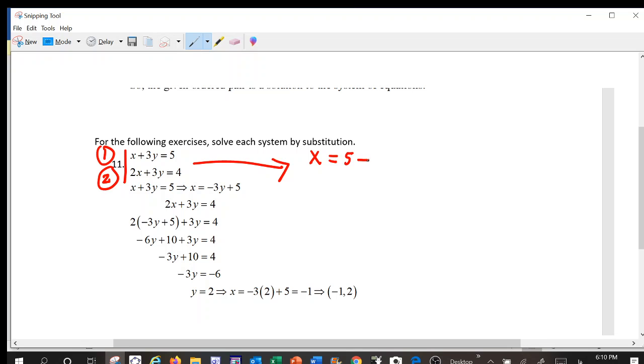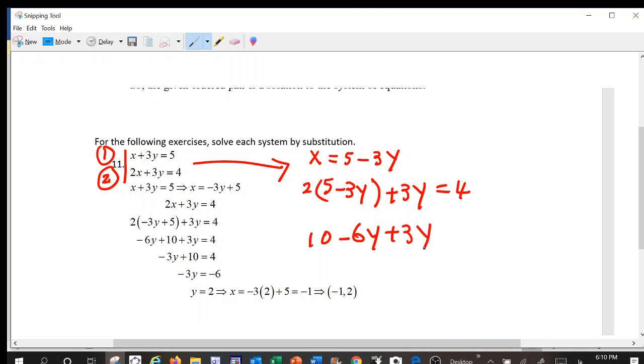We get x equals 5 minus 3y. And then we substitute it in the second one: 2 times x plus 3y equals 4. My x is 5 minus 3y, and now I have 10 minus 6y plus 3y equals 4.